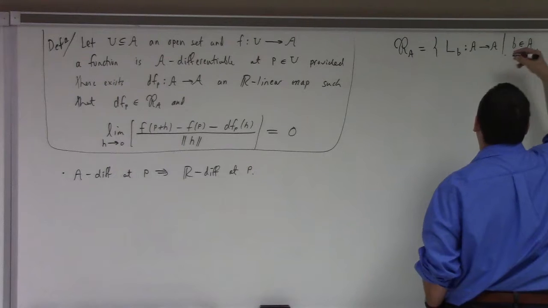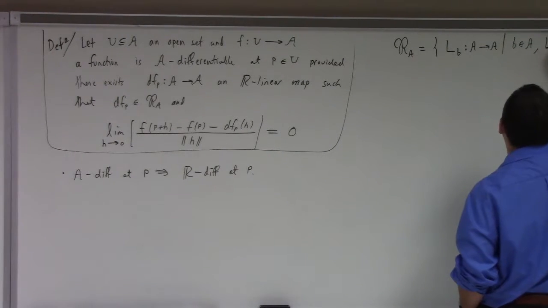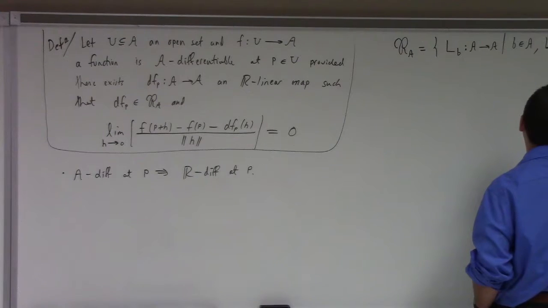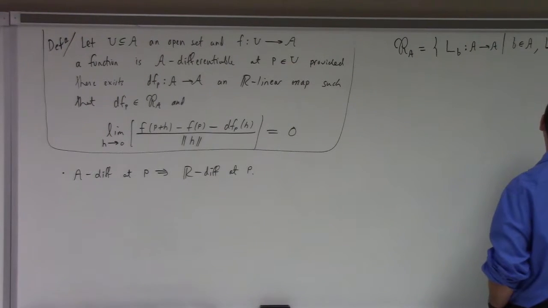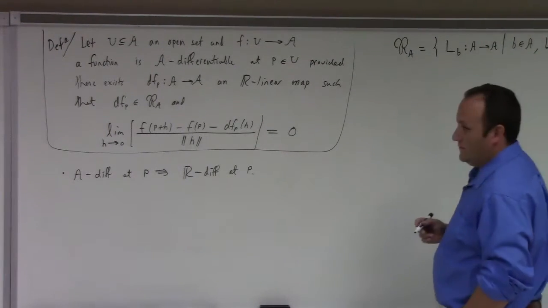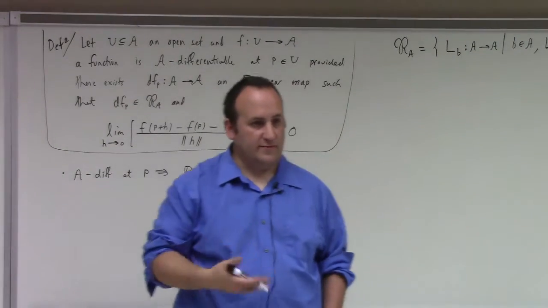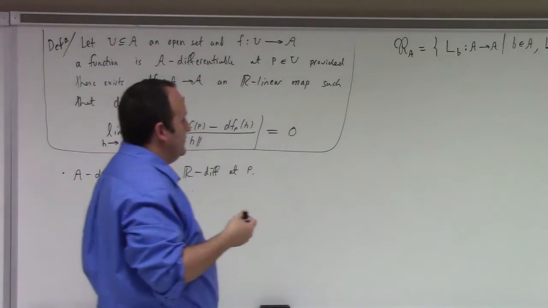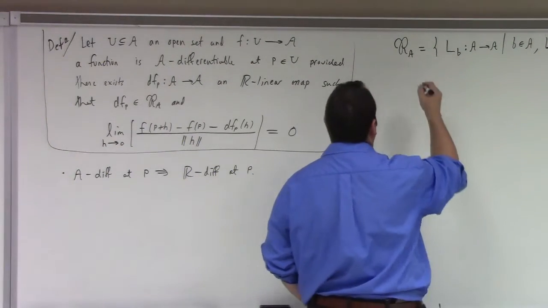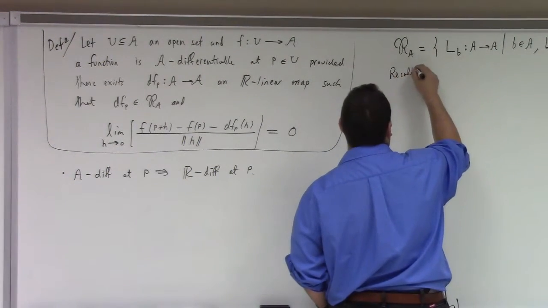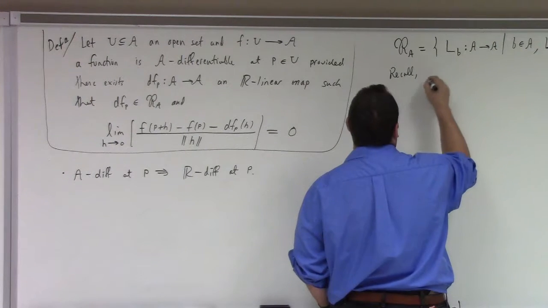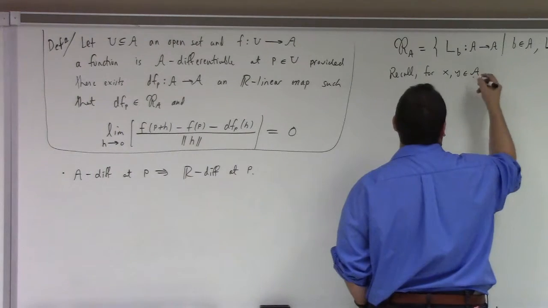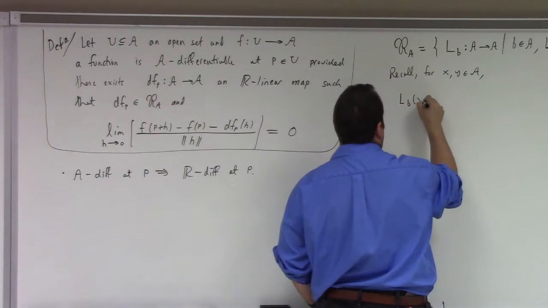And how did we define L sub b? L sub b of x is equal to b times x for all x in A. So the regular representation is the set of left multiplication maps. And what did we learn? What happens if we take x and y in A, and we look at L_b of x times y?